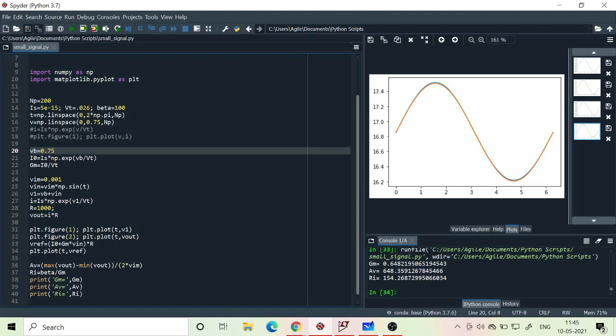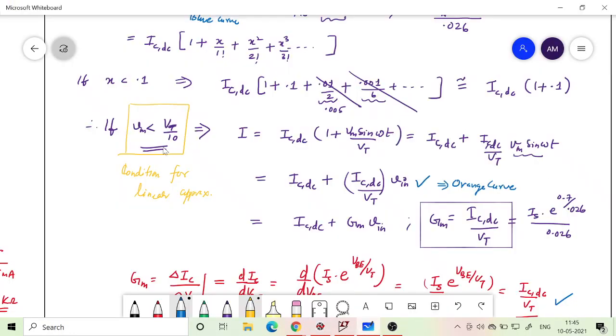Any signal which satisfies the condition which I mentioned, you can call it a small signal amplifier, because this input signal is sufficiently small. If this condition is not satisfied, the analysis cannot be approximated as linear with just the linear term like here.